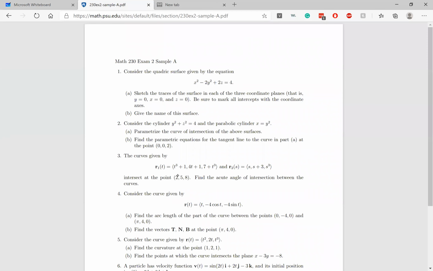And so the first thing they tell us is sketch traces of the surfaces in each of the 3 coordinate planes. So that would be for y is equal to 0, x is equal to 0, and z is equal to 0. And give the name of this surface.